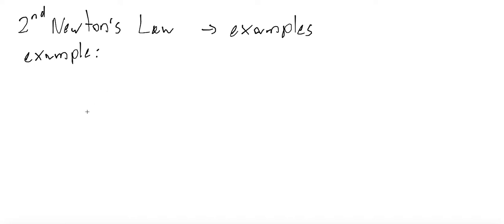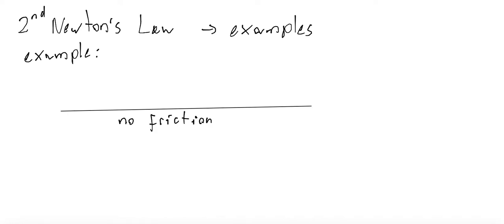Let's imagine that you have a frictionless surface, no friction, we are not interested in friction today. On this surface you have two objects, a bigger one and a smaller one, connected by a string. An important assumption: this string is inextensible, so it doesn't take any energy from the system.